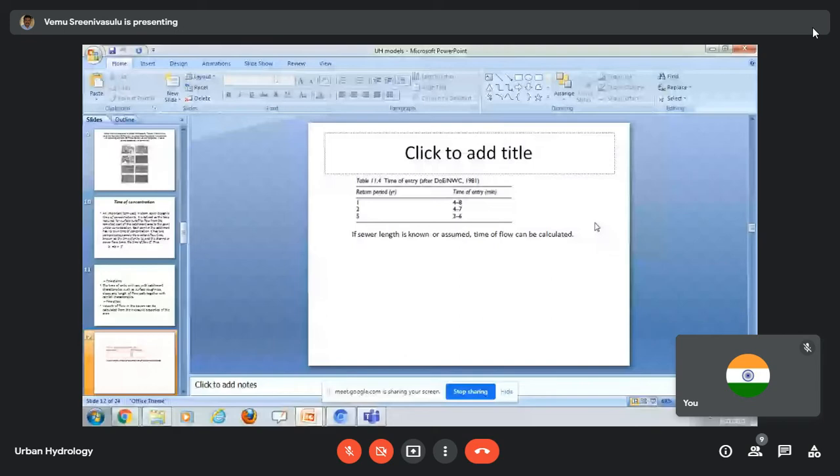If the return period is increasing, it means the magnitude of the rainfall storm is high. For a higher magnitude, the time of entry will be less; for a lower magnitude of rainfall, the time of entry will be high. That is why, as the return period increases, the time of entry decreases.